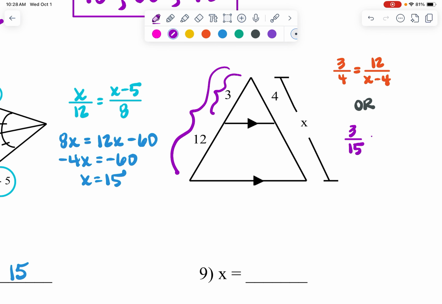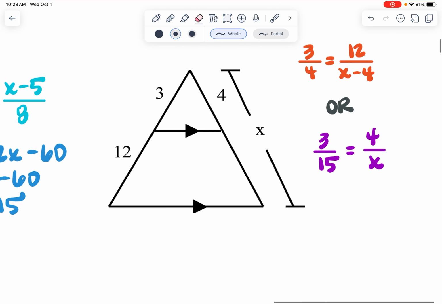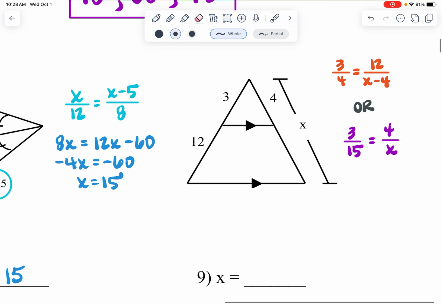So 3 is to 15 as 4 is to, and they gave me the whole thing being x. So I'm doing full side to full side as full side to full side. I'm not using any partials, so I'm staying nice and consistent with my side lengths. So either one of these proportions is going to give you the correct answer for x.